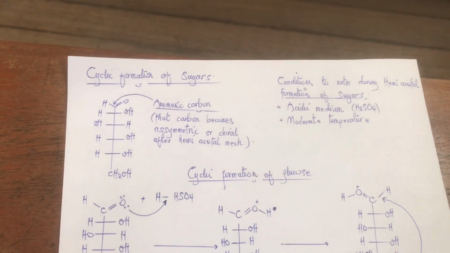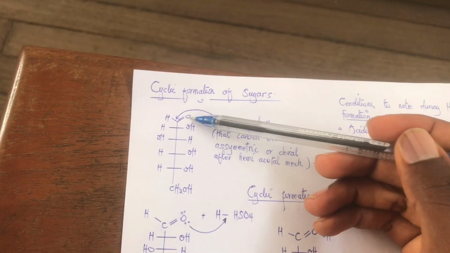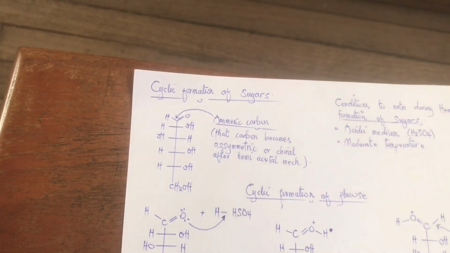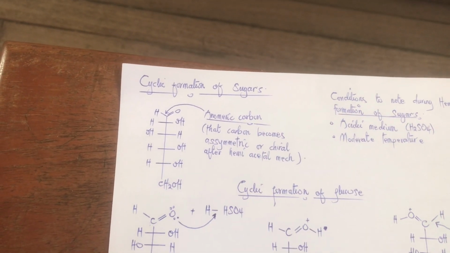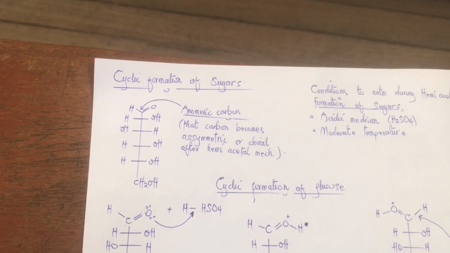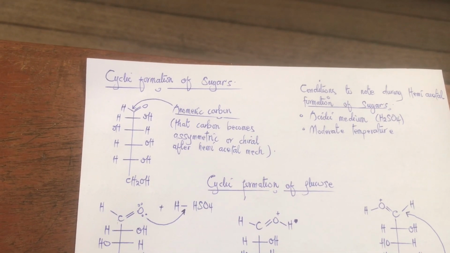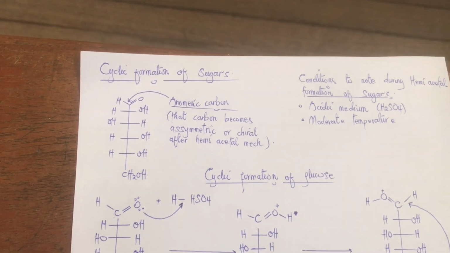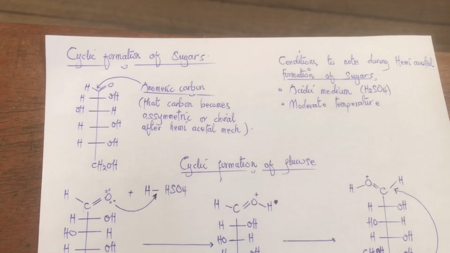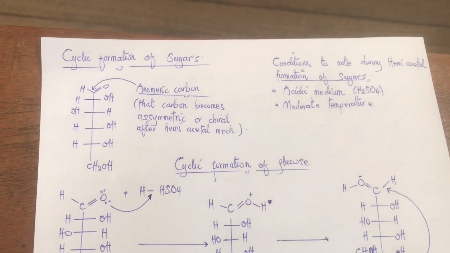The place where I have indicated the arrow is called the anomeric carbon. The reason is that this carbon is not a chiral center at first. Before the cyclic formation occurs, it is not a chiral center, though it's a carbon atom.